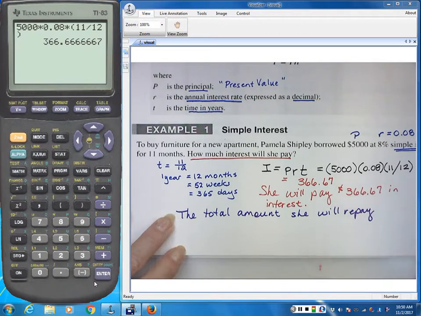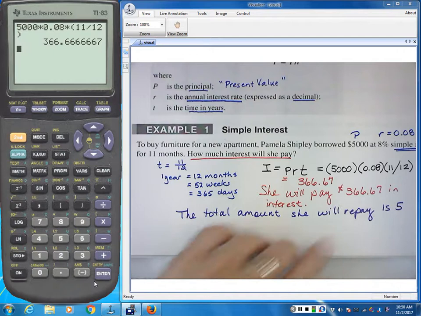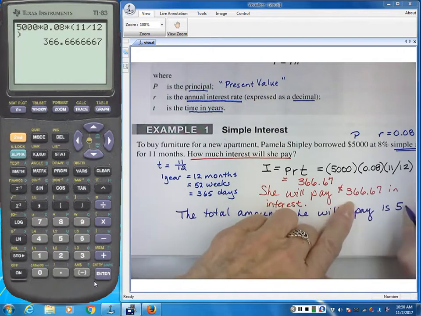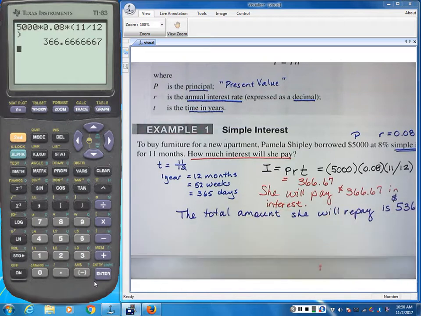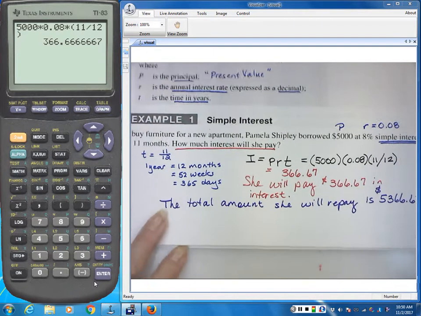The total amount that she will repay is going to be the $5,000 plus the $366.67. So that's the total she pays with the interest and the principal.